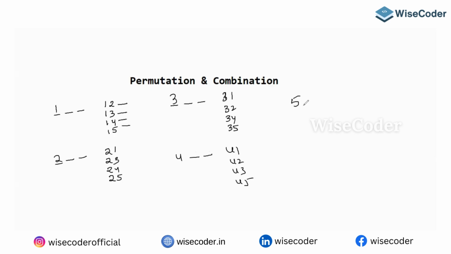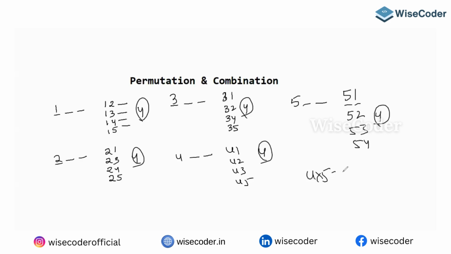You can fix this with 5: 5 1, 5 2, 5 3, 5 4. I'm just telling you how the idea actually develops. Total how many ways are there? Four ways, four ways, four ways, four ways. Five 4s are 20. That's what I told you: 5 into 4 is how much, guys? 20.